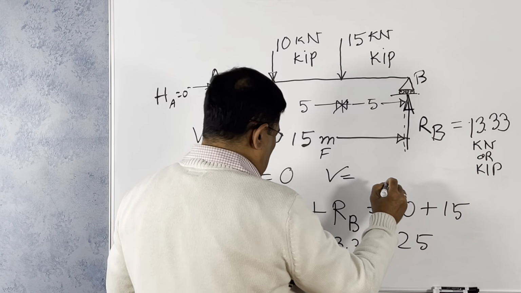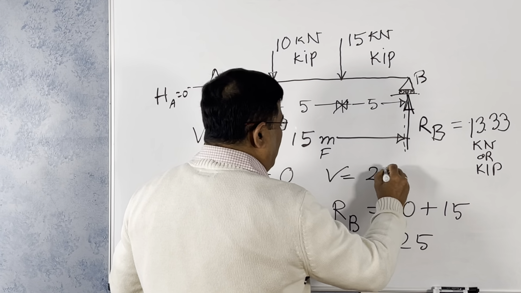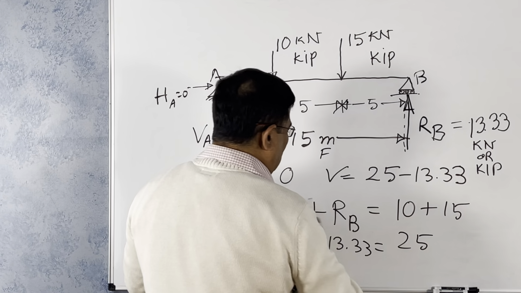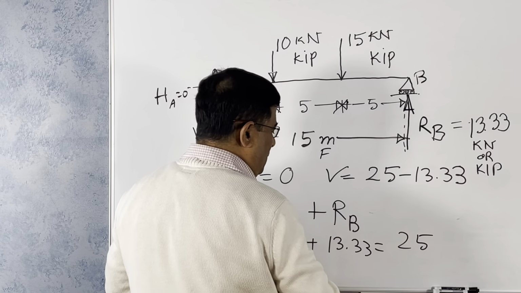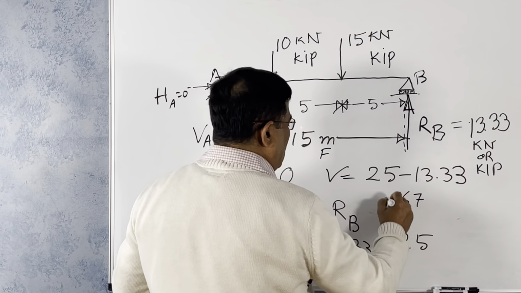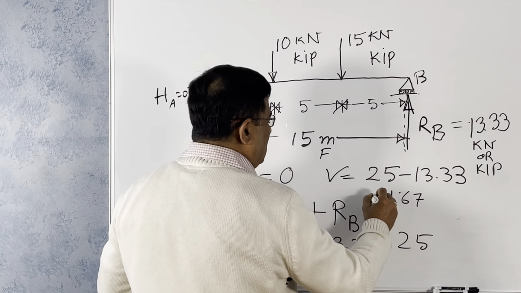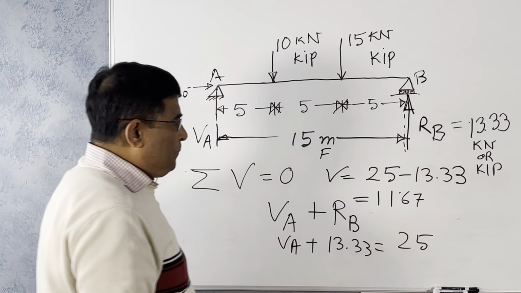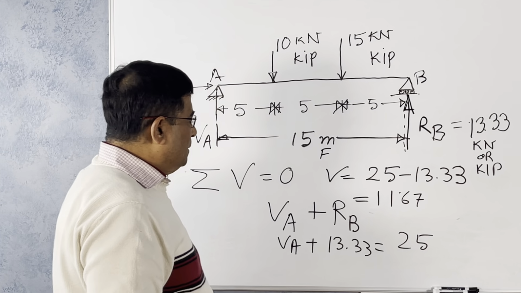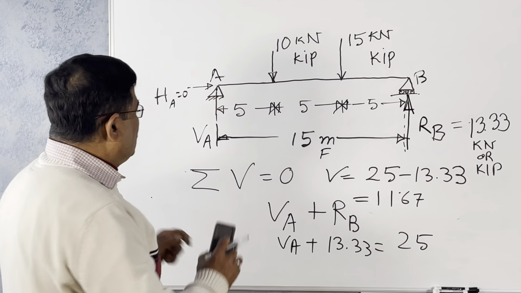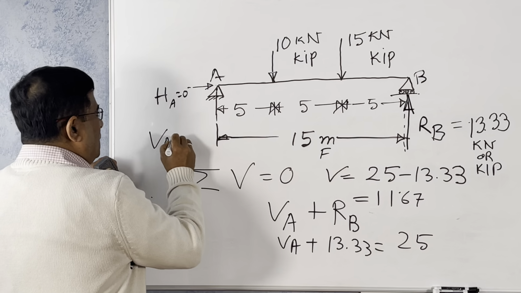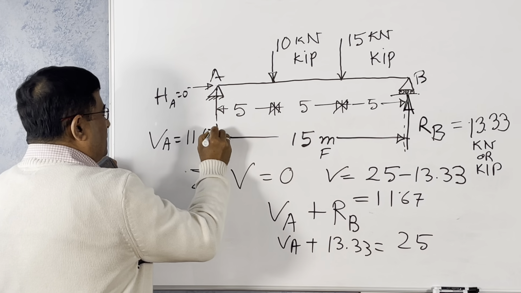VA will be 25 minus 13.33, that will be 11.67. Right? So this value VA equal to 11.67.